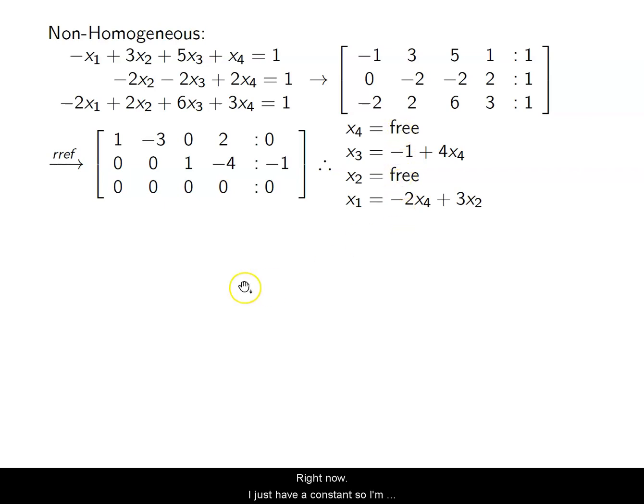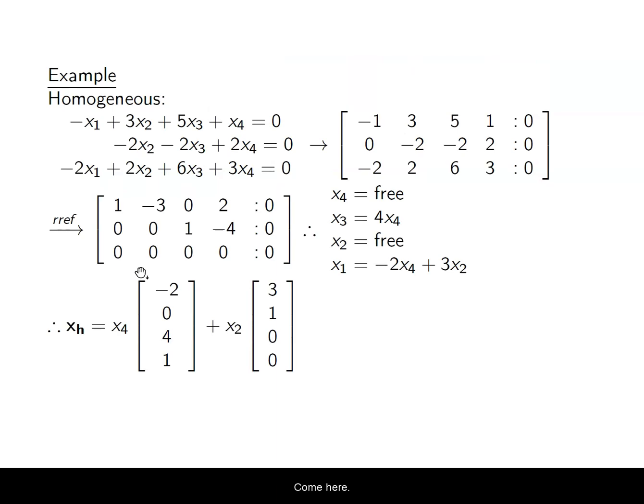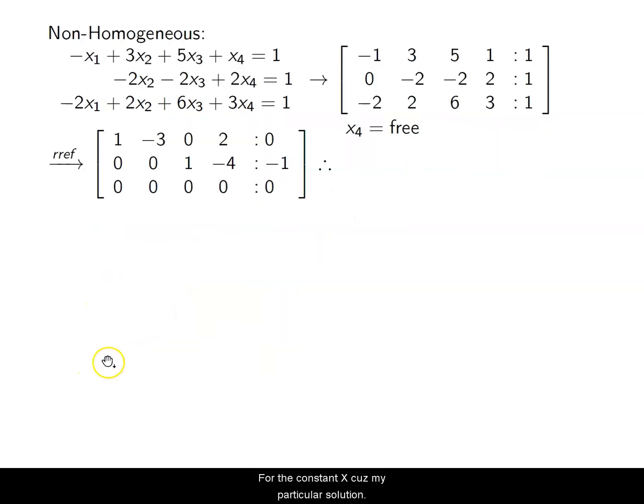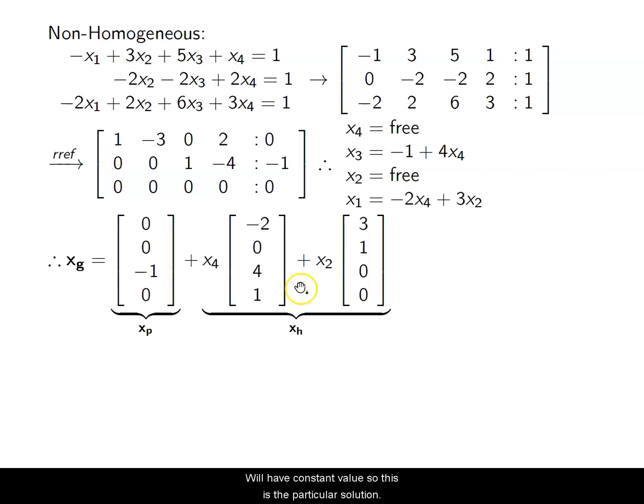None of the others have a constant, so I'm going to have a third vector. I'm just going to have these exact same vectors, but there's going to be an initial vector for the constant terms, because my particular solution will have constant values. So this is the particular solution for this case plus the homogeneous solution. And if I add those together, that is my general solution.